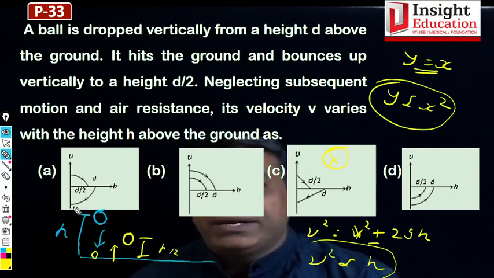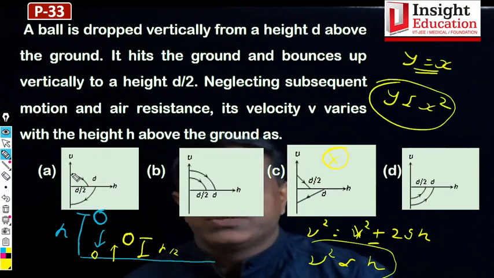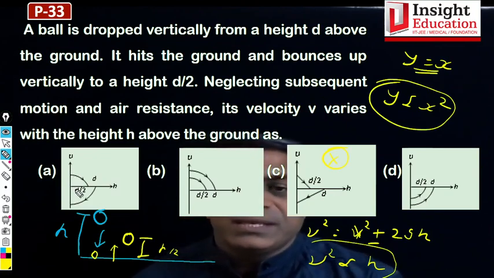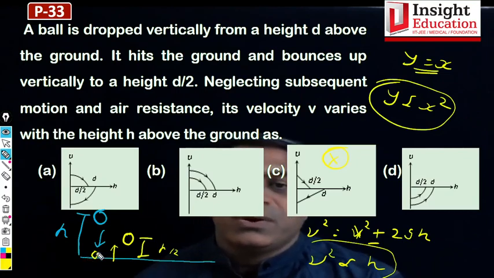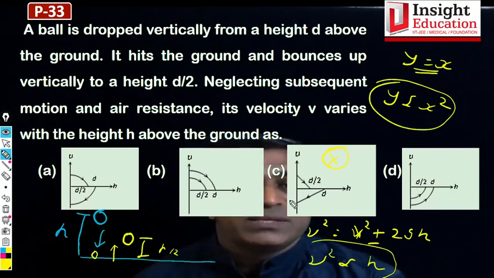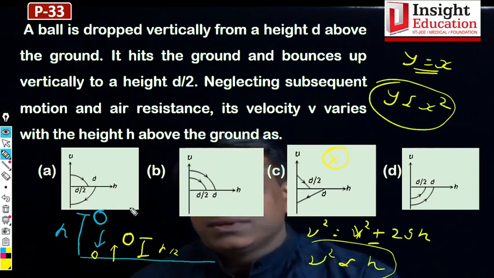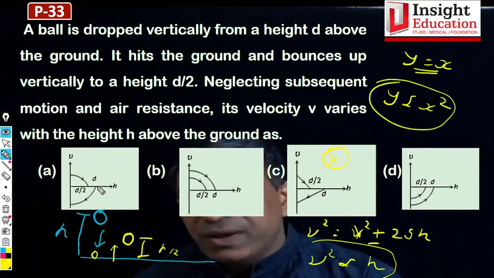Initially, where we have to start is the question. Initially at height h equal to 0, velocity is 0. When height h is equal to 0, velocity is 0. So this is the perfect point.